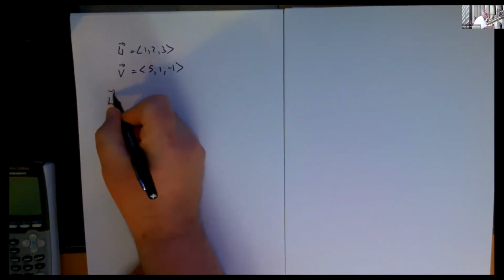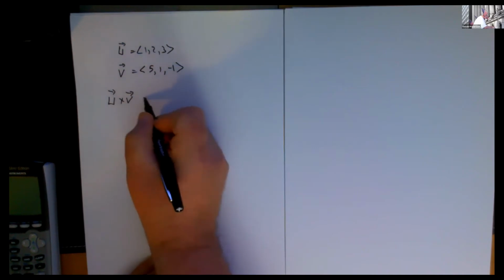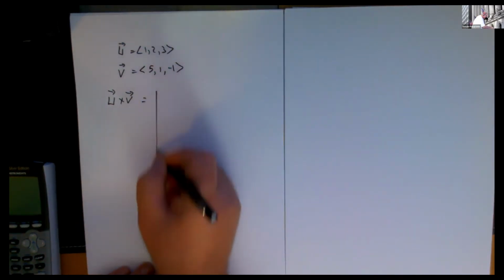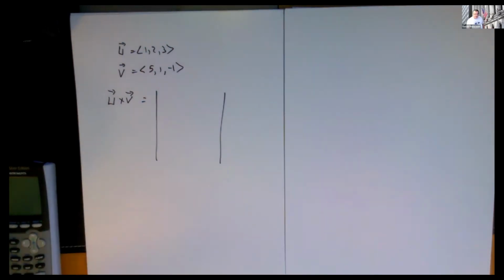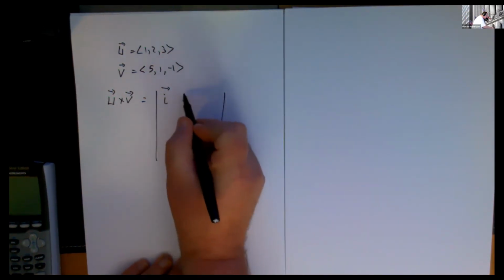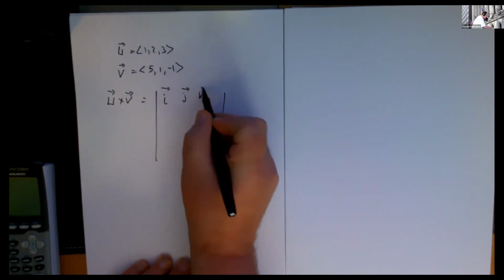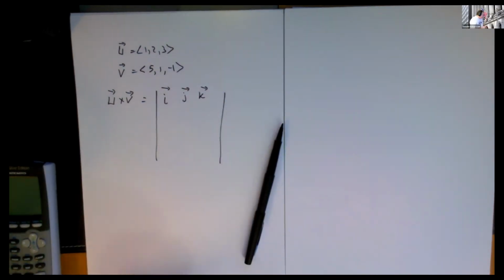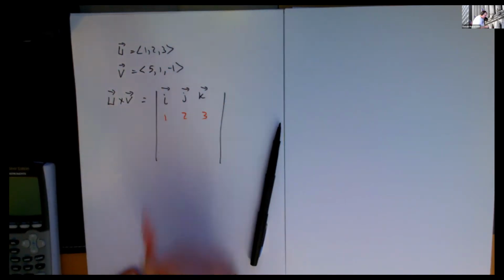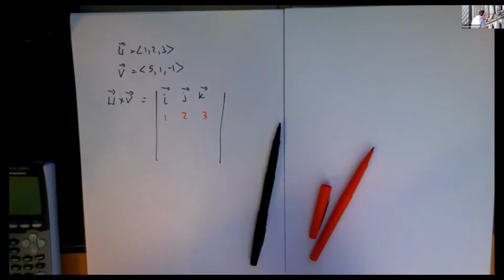If I asked you to find the cross product, we would set up a 3 by 3 matrix, and we would calculate essentially what is its determinant. The top row is i, j, and k. u comes next, and v comes last.